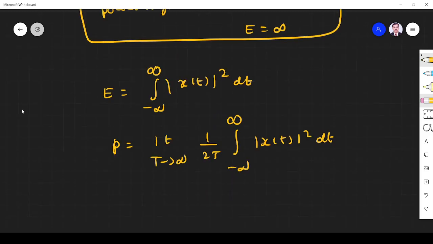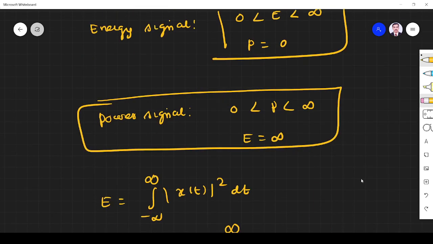And power is given by the limit T tends to infinity of 1 by T times the integral from minus infinity to plus infinity of mod x of t whole square dt. From this we understand power is equal to energy divided by T. This may be used when you solve problems.